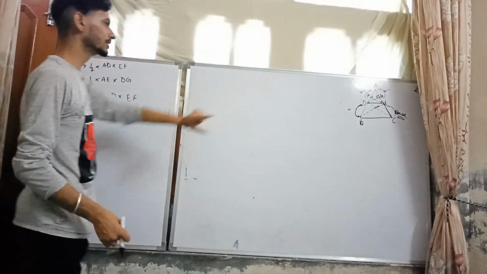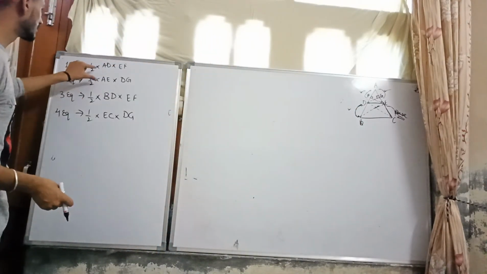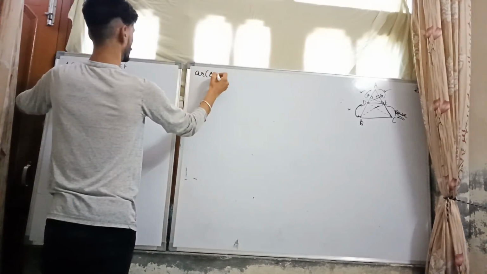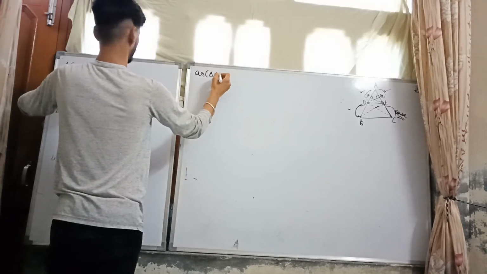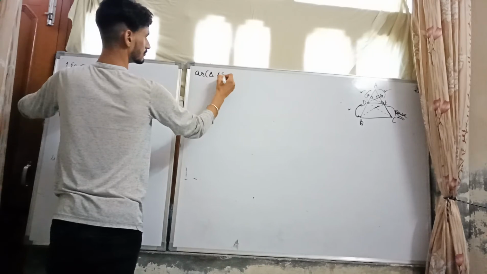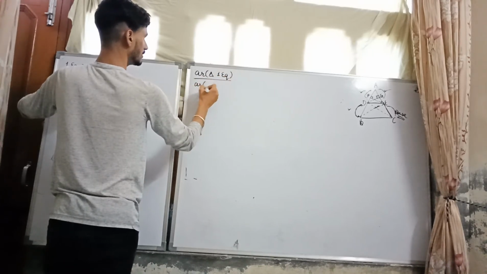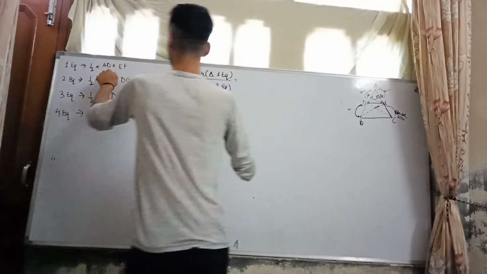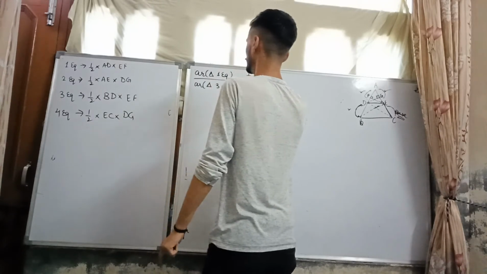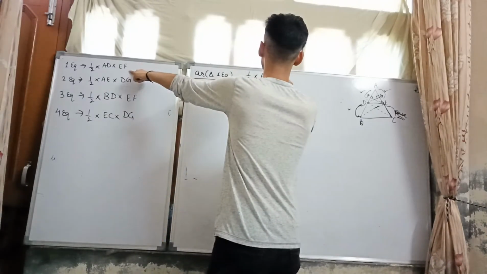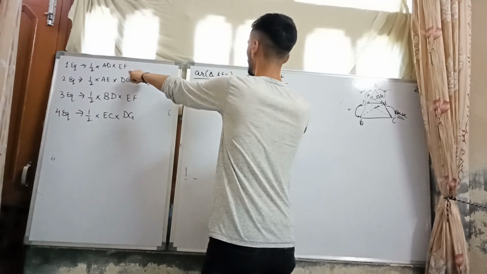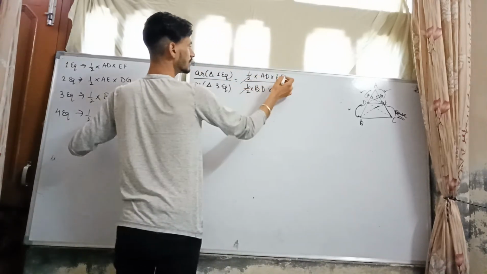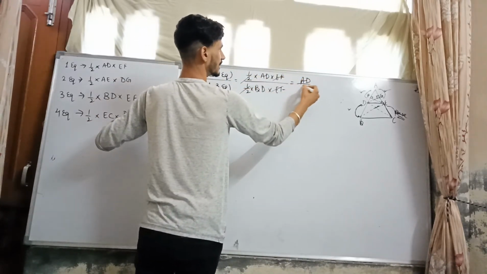In order to arrange these sides, we will take the first and third equations. The proportion of the area of the triangle of the first equation divided by the area of the triangle of the third equation is half into AD into EF divided by half into BD into EF. After proper cancelling, we get AD upon BD.